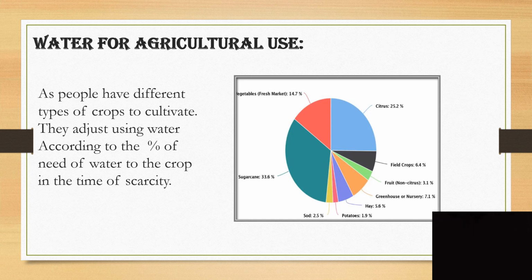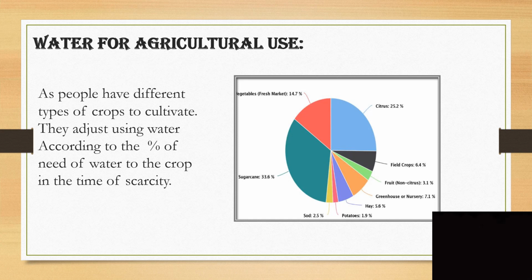For the vegetables, he is giving 14.7% of the water. It's the third largest water consumer in this pie chart. And now let's go to the citrus. It is the second largest, 25.2%. It consumes more water, I think, but according to the scarcity, he may be giving the water very adjustably.